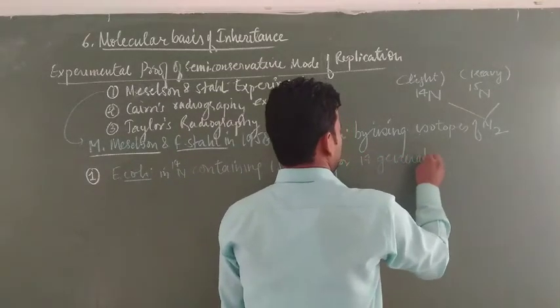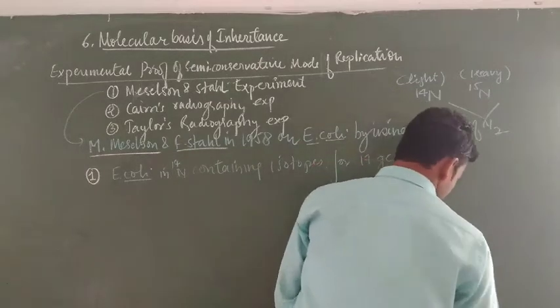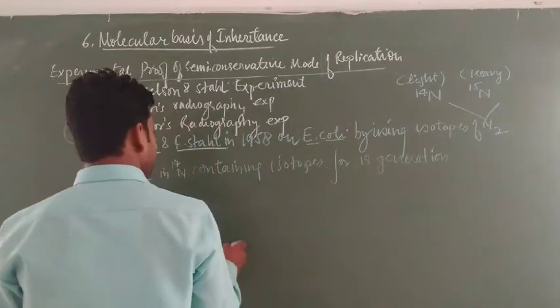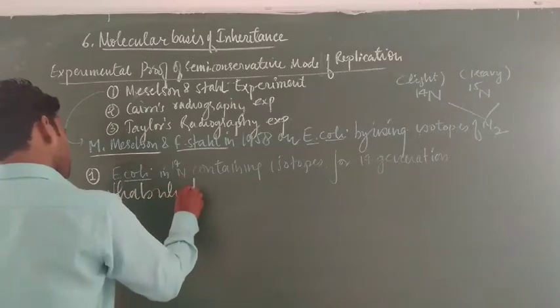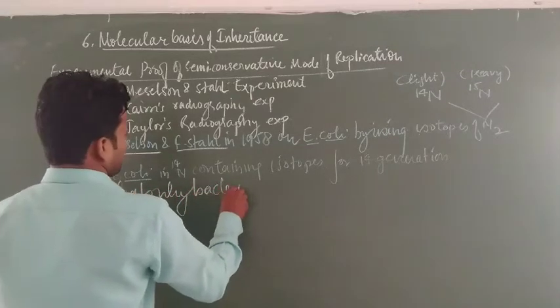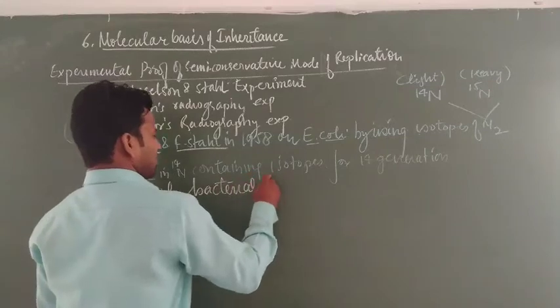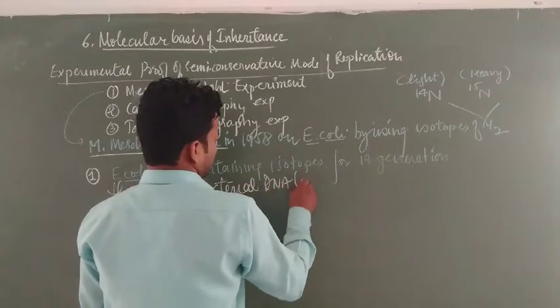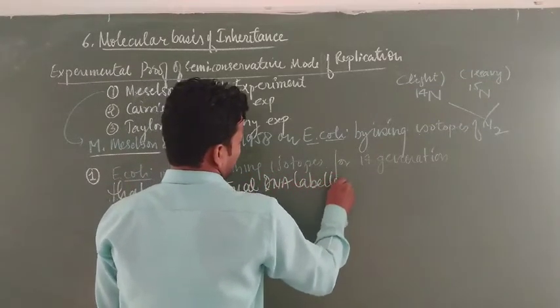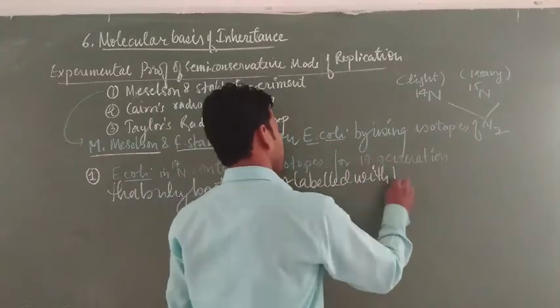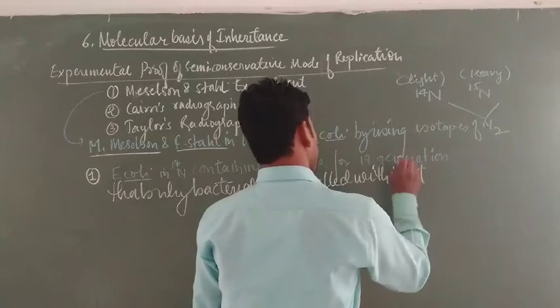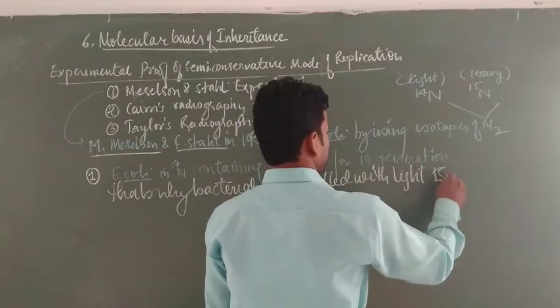That's why the bacterial DNA is labeled with light isotopes.